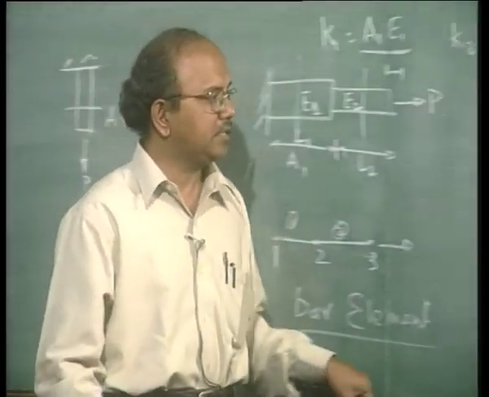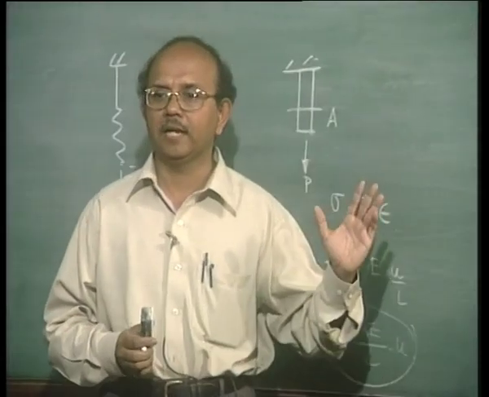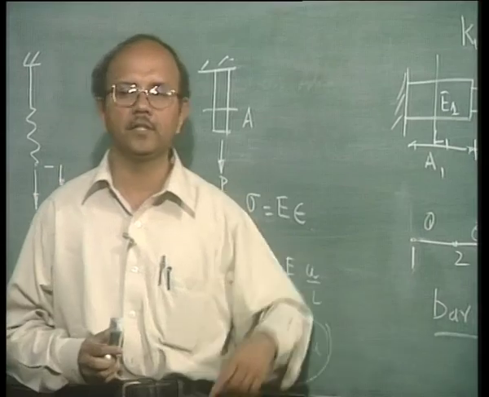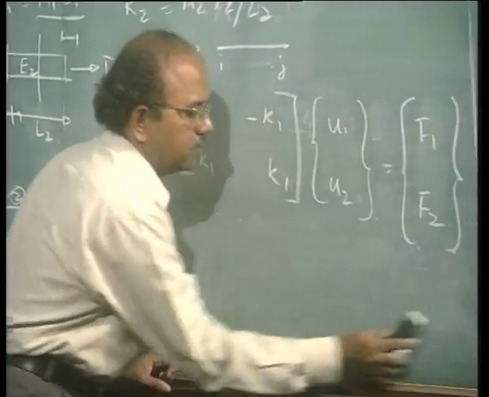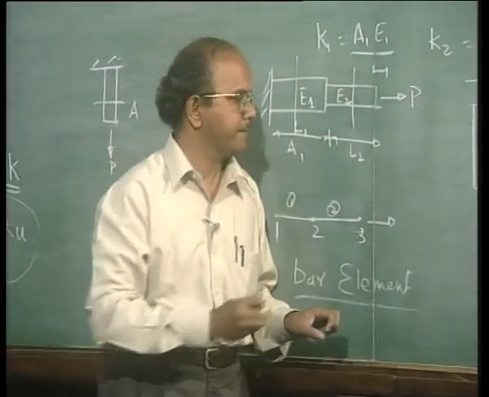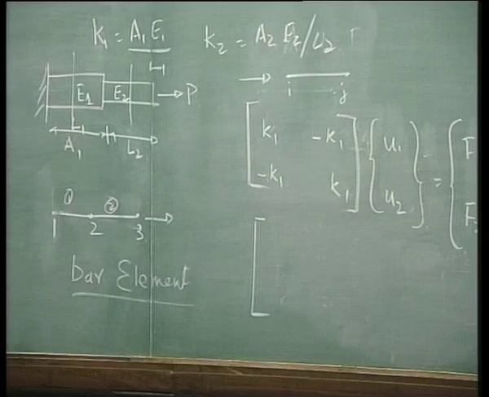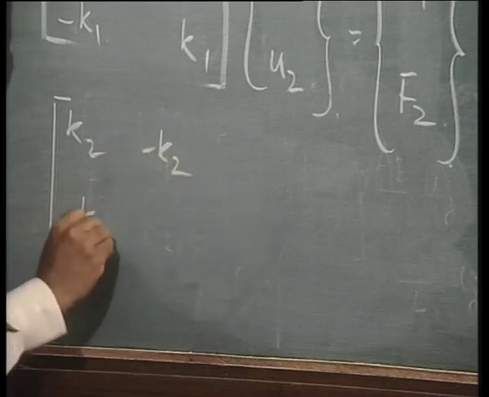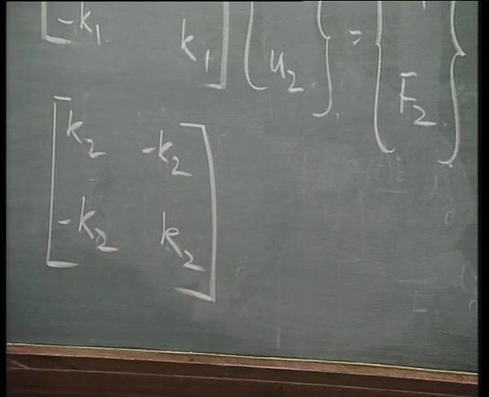Now, let us now look at the second element. The second element can also be written in the same fashion. I will do it in the same matrix, or maybe we will write it separately so that things become clear. What do I get? Instead of now K1, K2. So, K2 minus K2 minus K2 and K2.